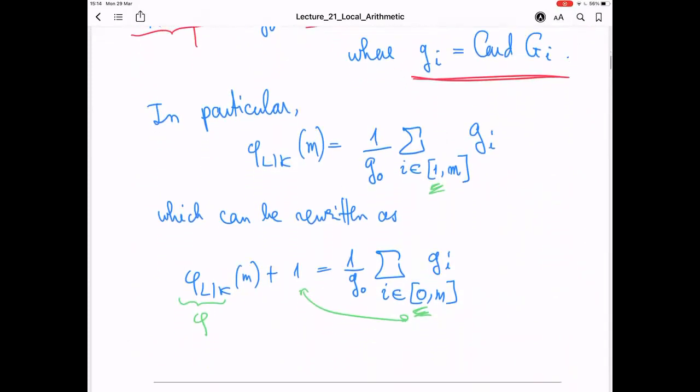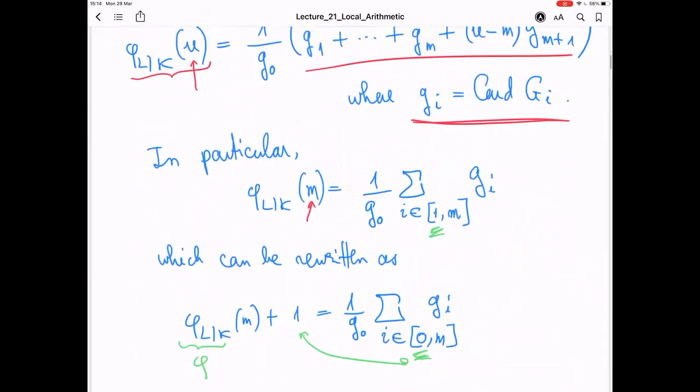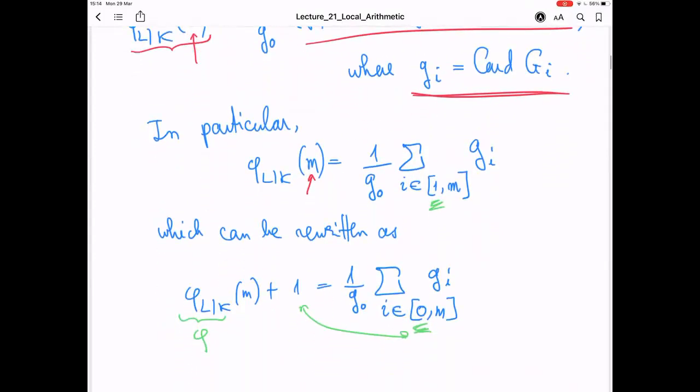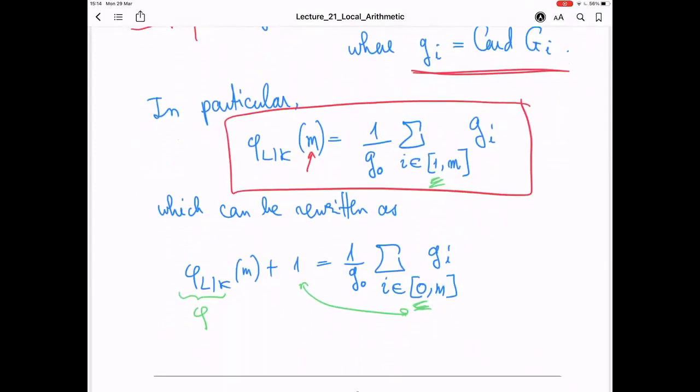So in particular, if this u is an integer, if u is equal to m, then this last term drops off, and the formula you get is that phi L over K of m is 1 over g naught times the summation over all i in the interval 1 to m of gi. Gi, recall, is the cardinality of the group G_i. And G is, of course, the Galois group of L over K. That's why there's L over K here, and that is the same L over K here.